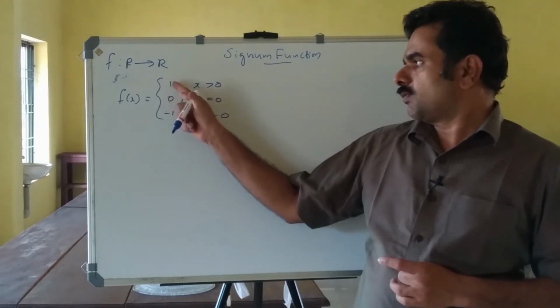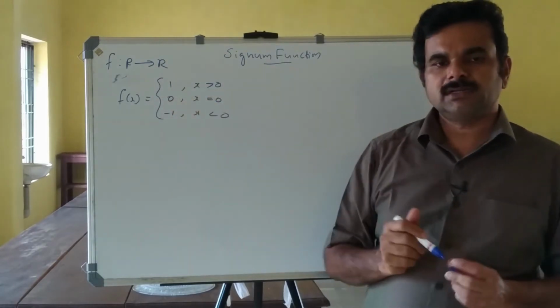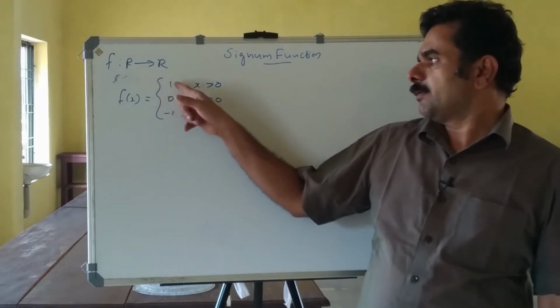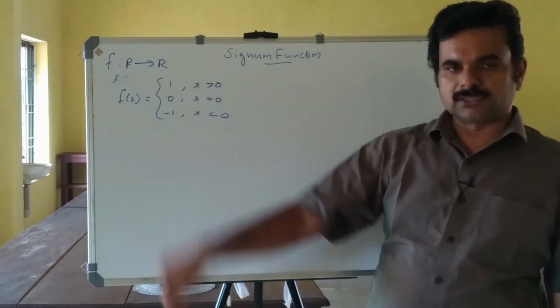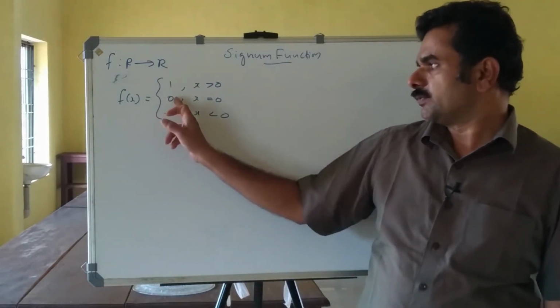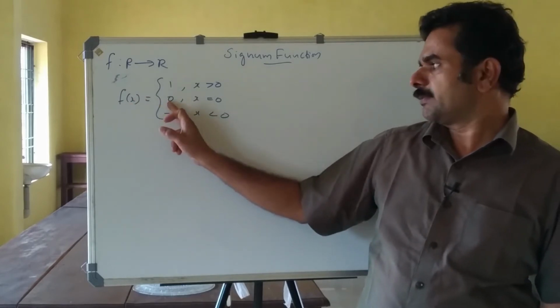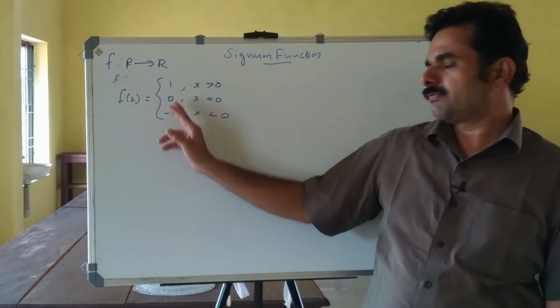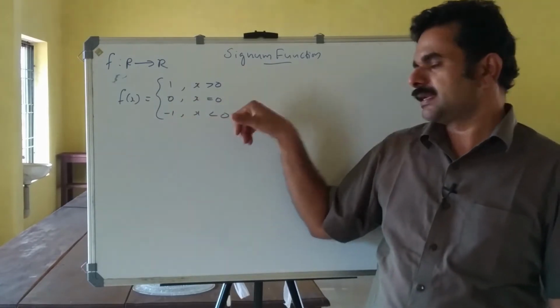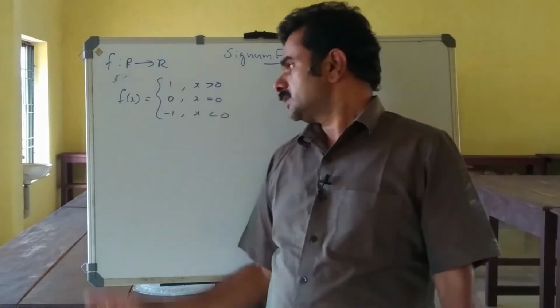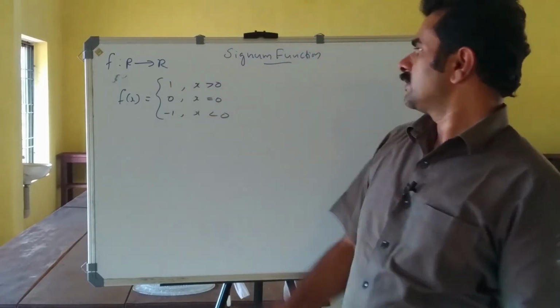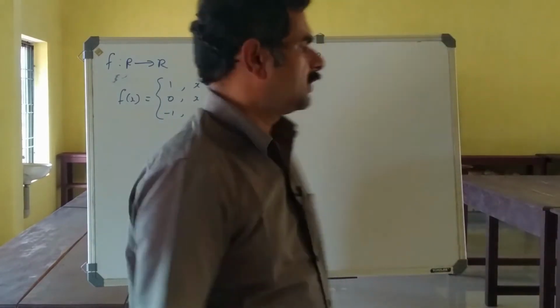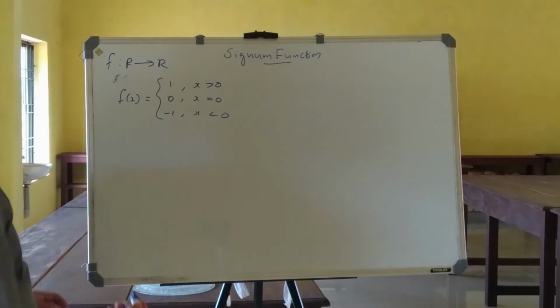Its y value is only 1, 0 and minus 1. Its y value becomes 1 for all x greater than 0, 0 for x equal to 0, and minus 1 for all x less than 0. This type of function is called the signum function.